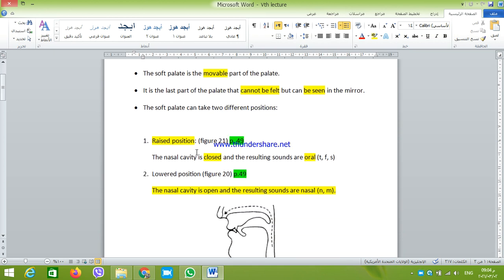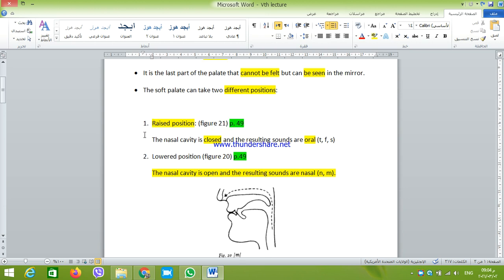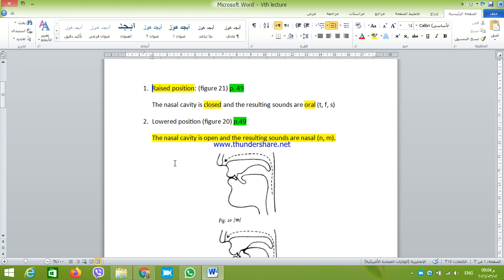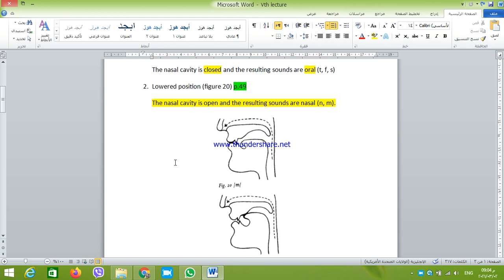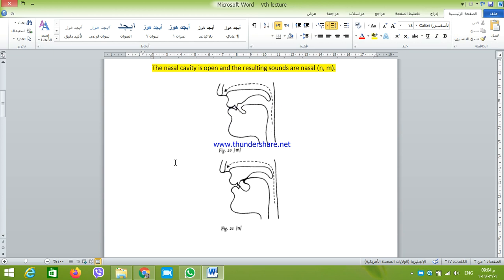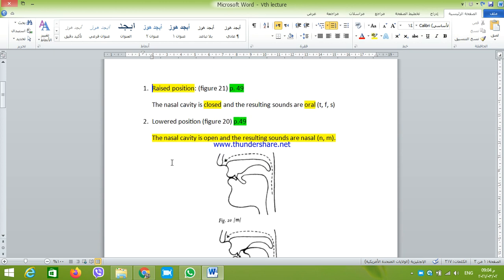The soft palate can take two different positions. What are these positions? The first one is to be raised. That is, the soft palate is raised inside the vocal tract.